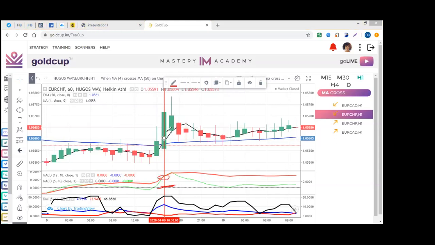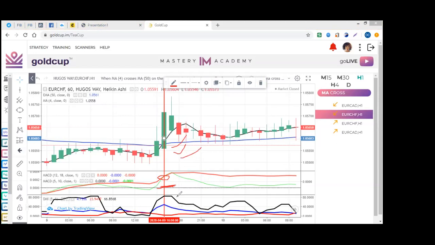So we have confirmation one at the MA crossing, yes. Confirmation two, is it an Akinashii candle? Yes. Confirmation three, are the MACD lines, the red and the green, above your price line? Yes.